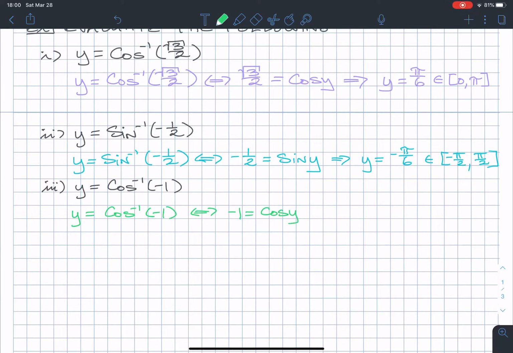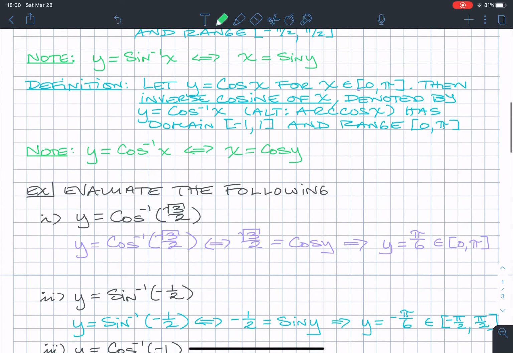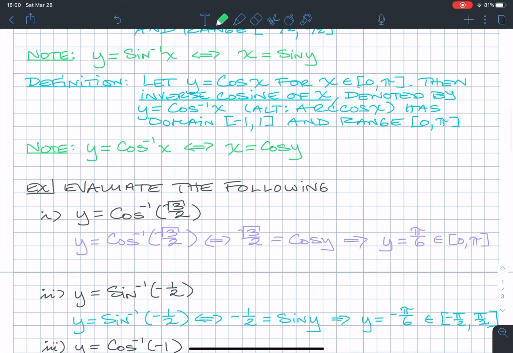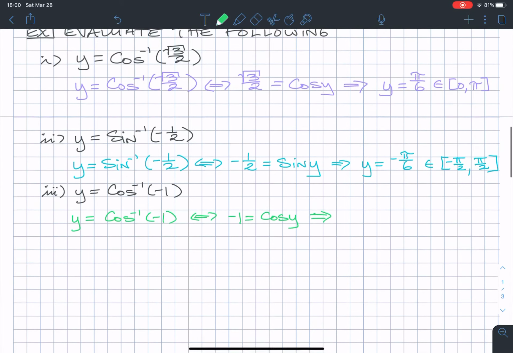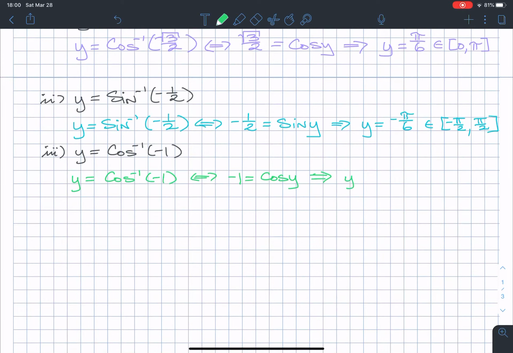Okay, so I have to ask myself, at what angle is cosine negative 1? Remember, we're only allowed to have the inverse of cosine between 0 and pi. Well, thank goodness I can have it at pi, because for y equal to pi, cosine of pi is negative 1, and that is indeed between 0 and pi.